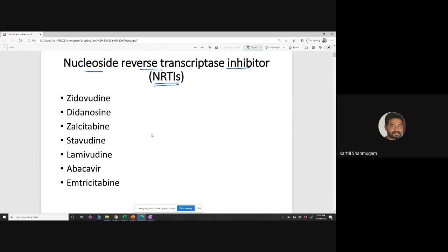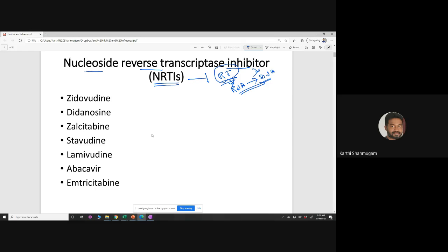The main job of these nucleoside reverse transcriptase inhibitors is to inhibit an enzyme called reverse transcriptase, and the main function of reverse transcriptase is conversion of RNA into DNA. It converts the RNA back to DNA.